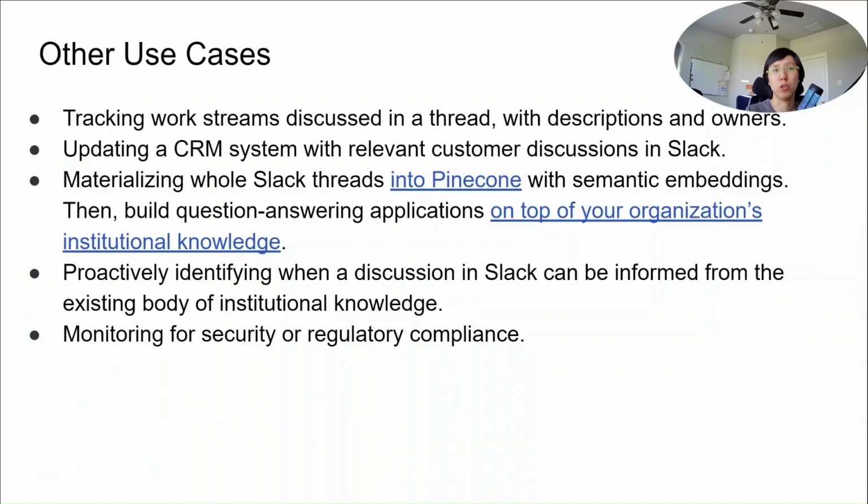Other use cases include tracking work streams discussed in a thread with descriptions and owners, updating a CRM system with relevant customer discussions in Slack, materializing whole Slack threads into Pinecone with semantic embeddings, then build question answering applications on top of your organization's institutional knowledge. Proactively identifying when a discussion in Slack can be informed from the existing body of institutional knowledge, and monitoring for security and regulatory compliance.